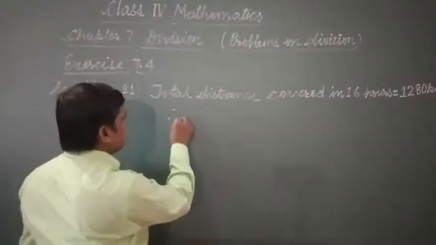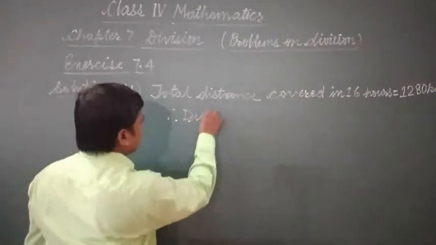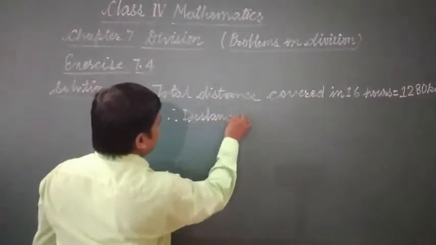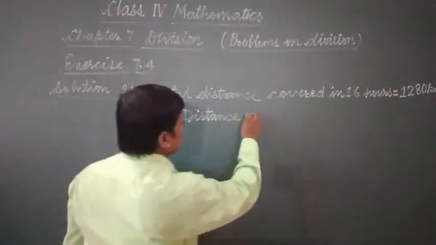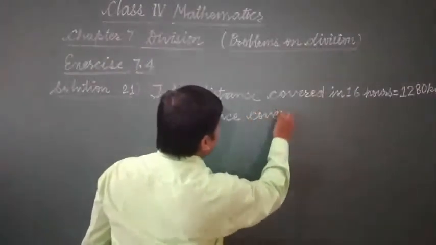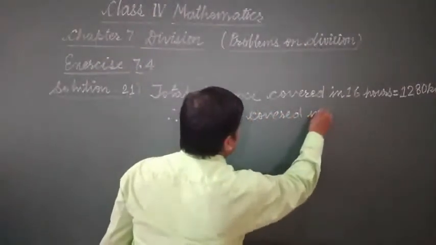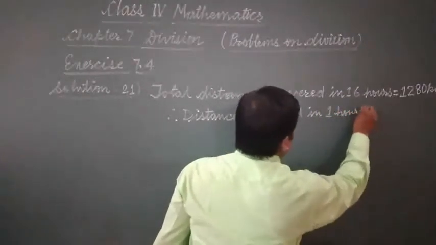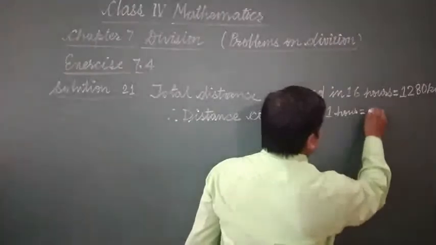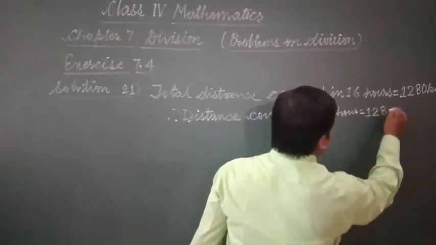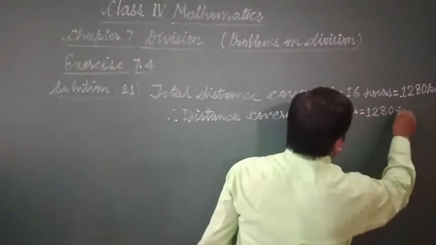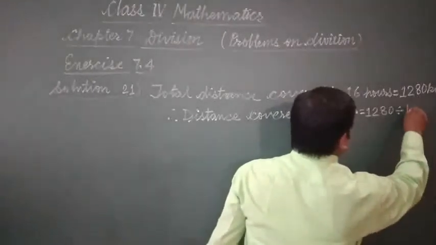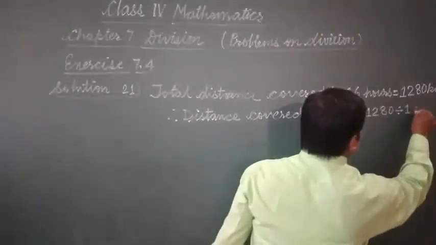Therefore, distance covered in 1 hour is equal to 1,280 divided by 16 hours.